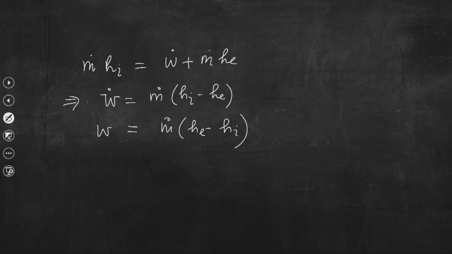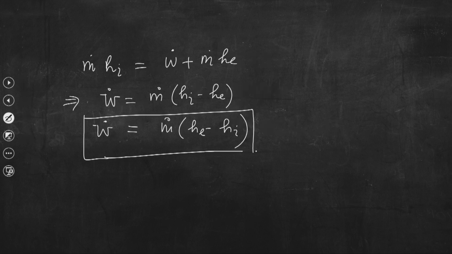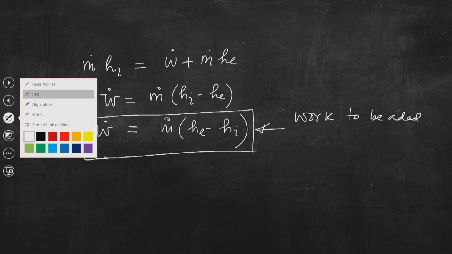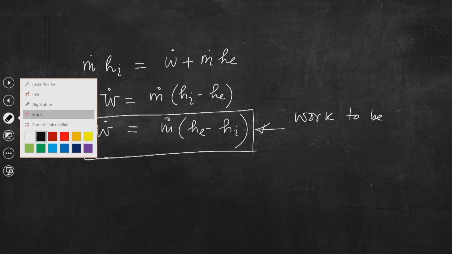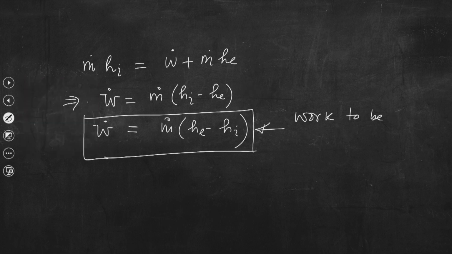So, this is the W dot for the compression process. So, this is the work to be added to the compressor.